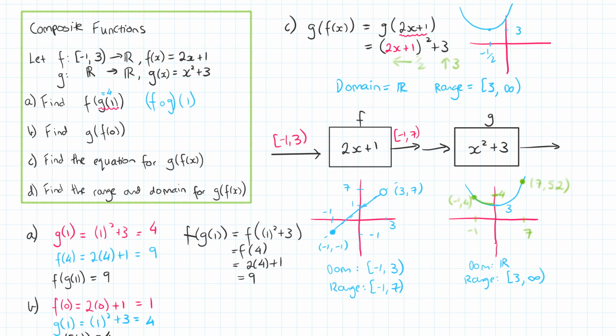So the section of the graph is only this part here. So we now have a restriction. When we send in -1 to 7, the corresponding range coming out is 3 to 52, 3 inclusive up to 52. Now I've got an error here. This should actually be an open circle because we have a round bracket.